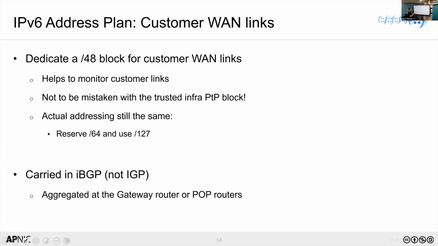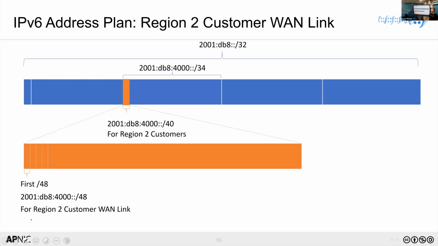So from a standardization perspective, and to try and play nicely with the RFCs, do the /64 allocation and do the /127 per link. We carry these in iBGP, not in our IGP, and then we aggregate them at our borders or our POPs.